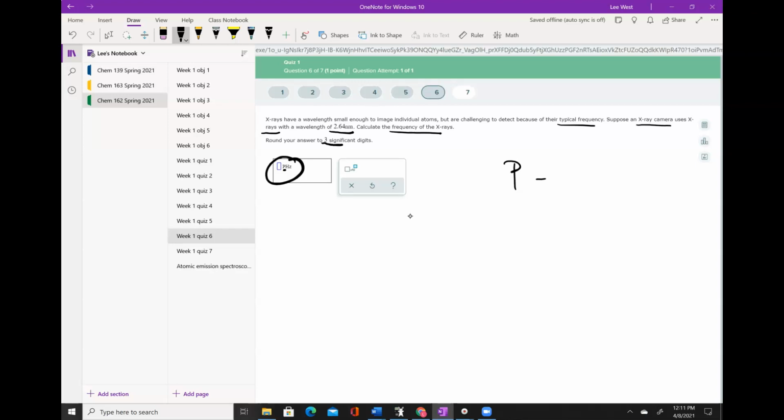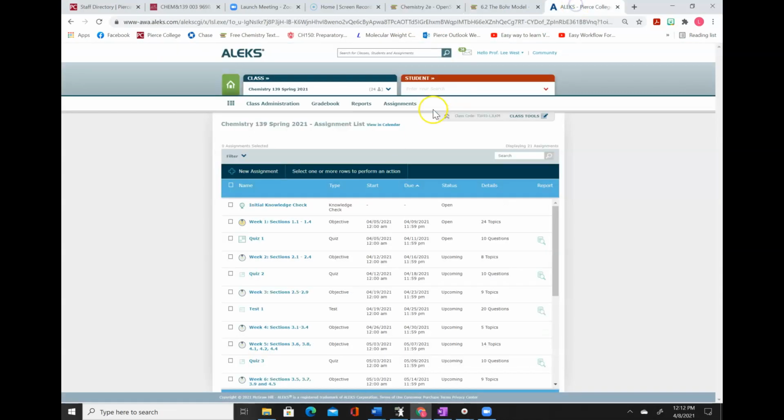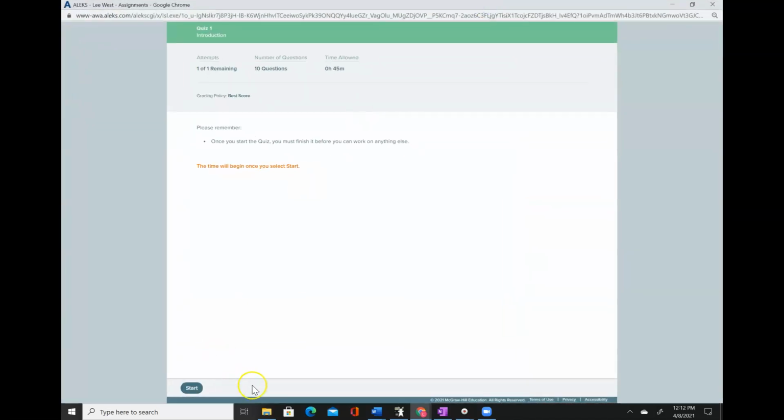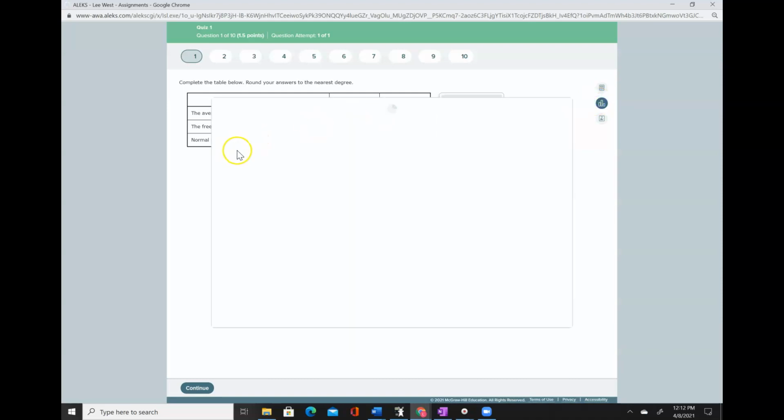What is that prefix? That's for pico, right? And pico is 10 to the minus 12, okay? So let me see if I can bring that up for you, just to show you. You go into the data section.